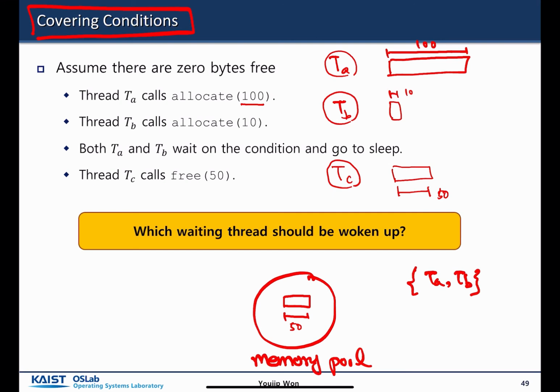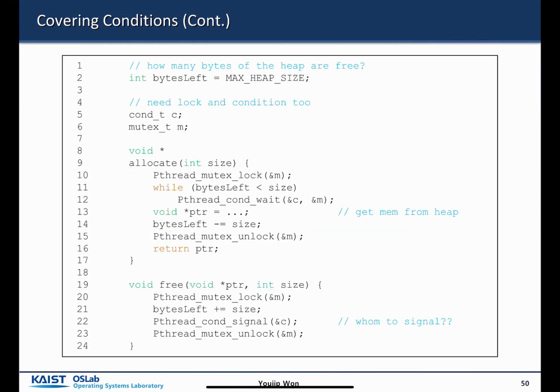However, here there is no way to examine the size of the request for each thread. The sleep queue is the queue of threads, and it does not have any information about the condition each has requested. Okay, so let's briefly look at the actual code for the covering condition here.